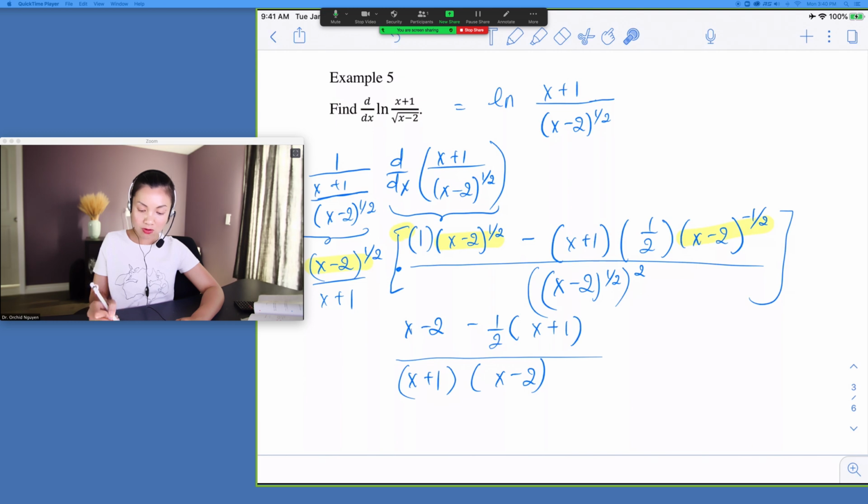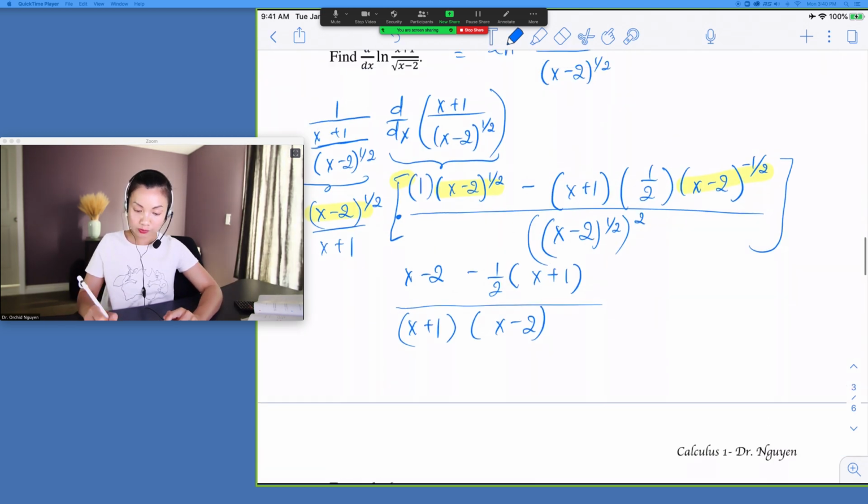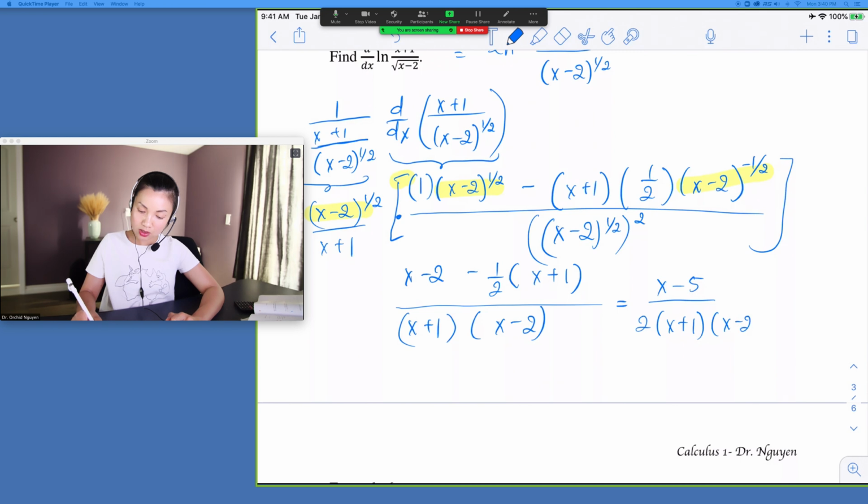Okay, so hopefully you recognize that. Anyway, right now we're just going to simplify it. So x minus 5, and then I have 2 (x plus 1) and (x minus 2).